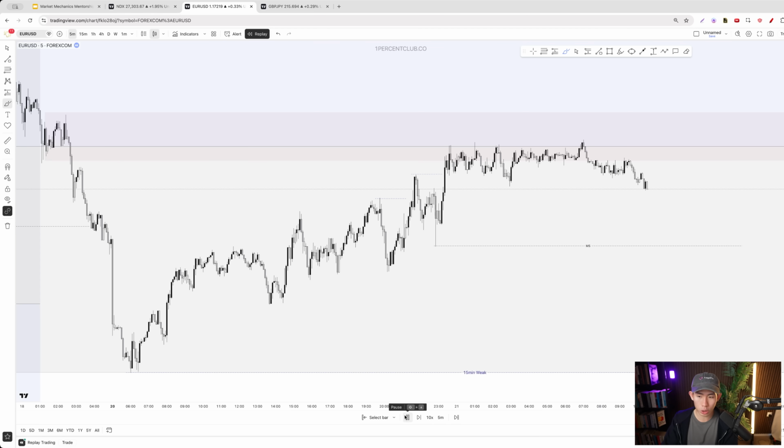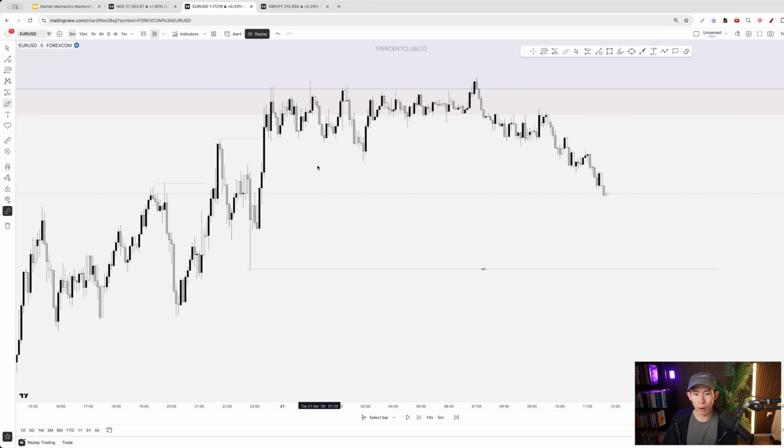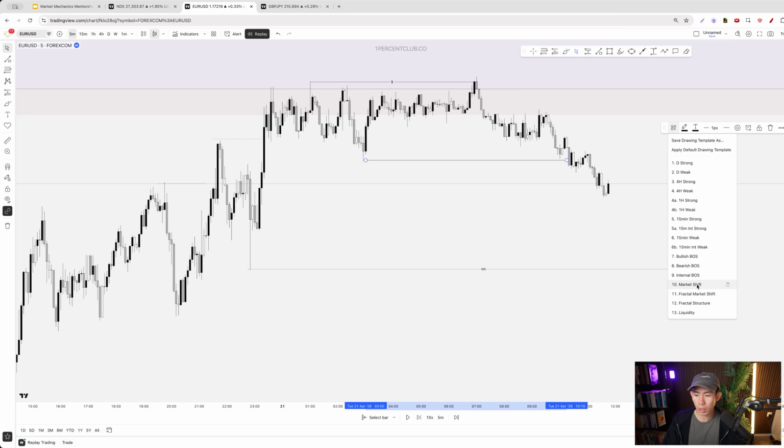But for now, just to give you a quick little example, in this case, look at the internal structure. Price came up here, came down, and then took out this high here as well. Took out this high here. But this turns out to be a liquidity sweep. After the liquidity sweep, price came down and took out this last low over here, giving us a market shift.